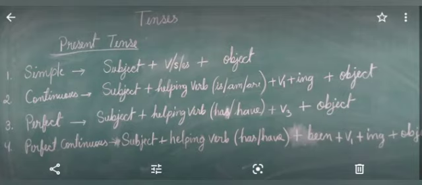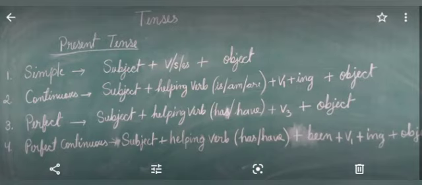So object means letter, ice cream. Now, if I say subject she, helping verb is, then verb in ing form, writing a letter. Letter becomes your object. Rahul is eating an ice cream.